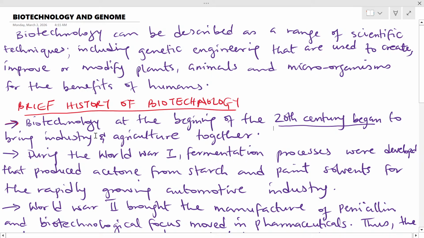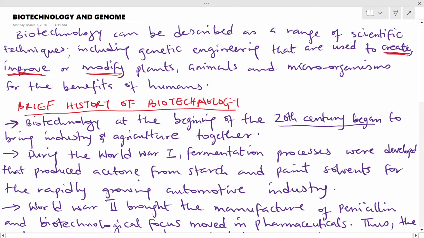Okay, I began this aspect of the course talking about biotechnology, and we said that biotechnology can be described as a range of scientific techniques, including genetic engineering, that are used to create, improve, or modify plants, animals, and microorganisms.